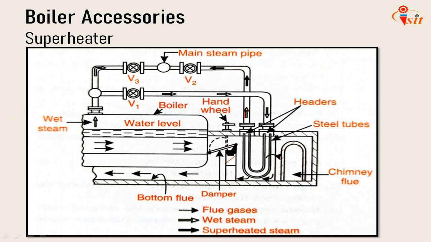So here figure shows Sugden's superheater installed in Lancashire boiler. It consists of two steel headers to which are attached solid U-drawn steel tubes.